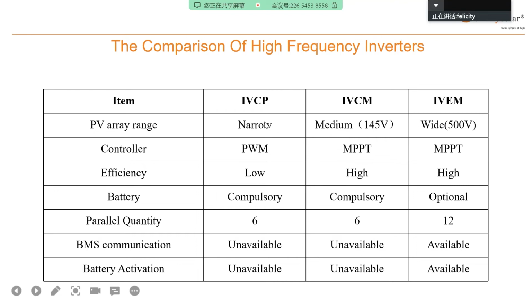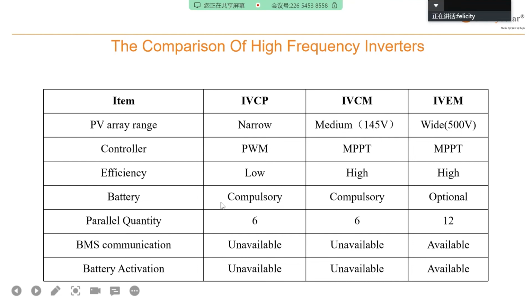This one is only about 60 to 70, but this one can go up to 500. IVCM is 145. The controllers are also different, as I said: PWM, MPPT, and MPPT. And of course, the efficiency of the built-in MPPT controller is higher than the PWM controller.